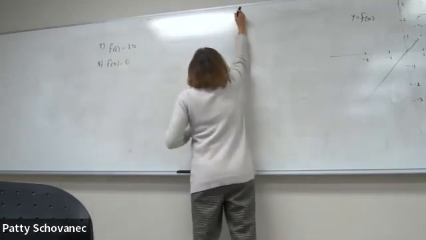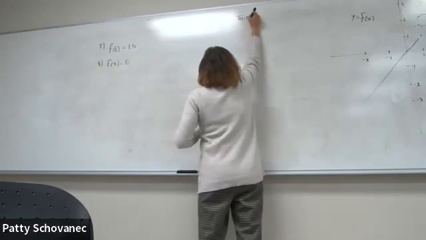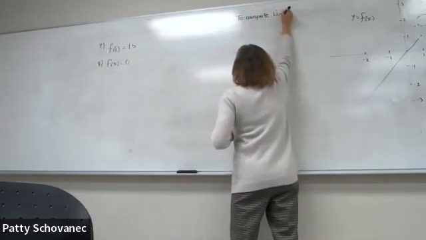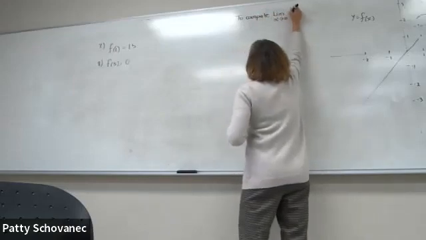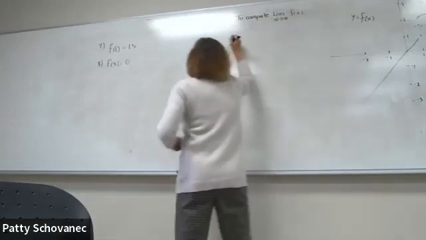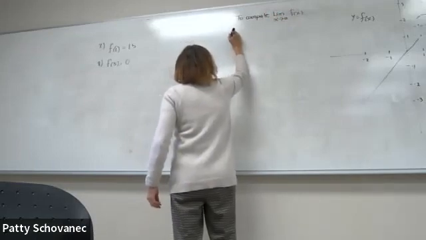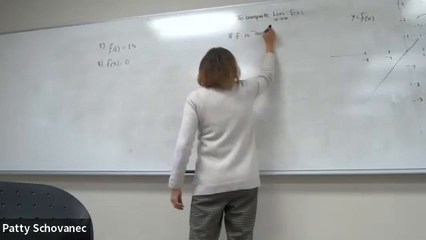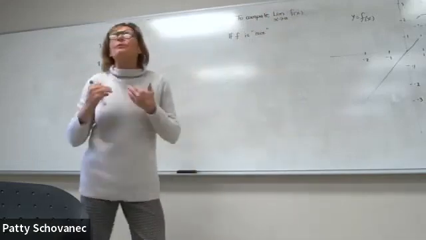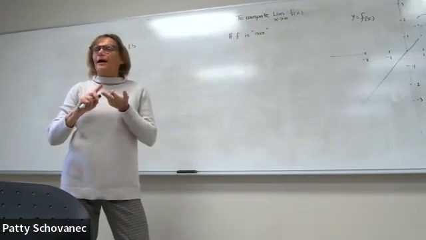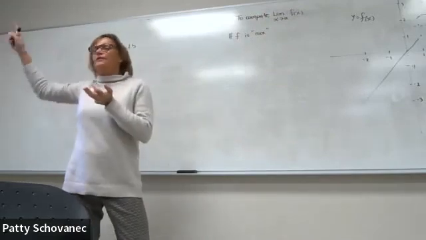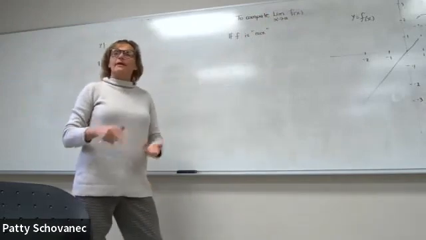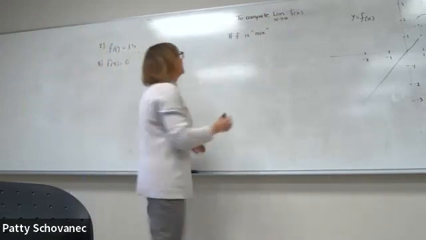Okay, so we're looking to compute the limit. Let's just say if f is nice, something we recognize, a line, a parabola, one of our trig functions, and it's defined at x is equal to a, then the value of the limit is just f of a.